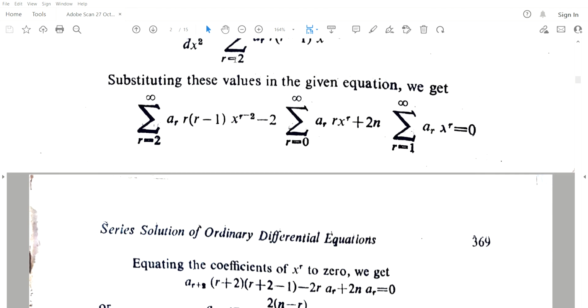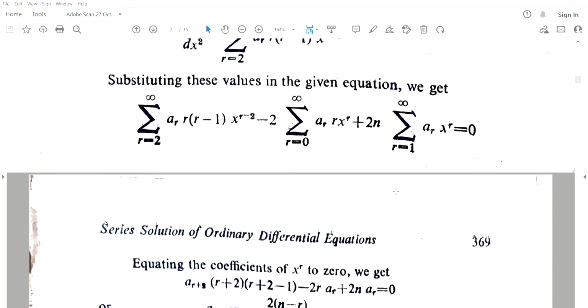Now we have taken the coefficient of x to the power r. From the first term, what will be the coefficient of x to the power r? See, x to the power r minus 2. Okay, so if we write r is equal to r plus 2, then that will give x to the power r.